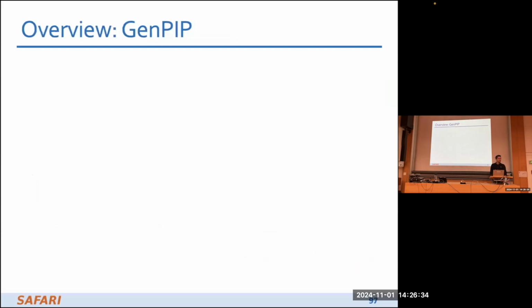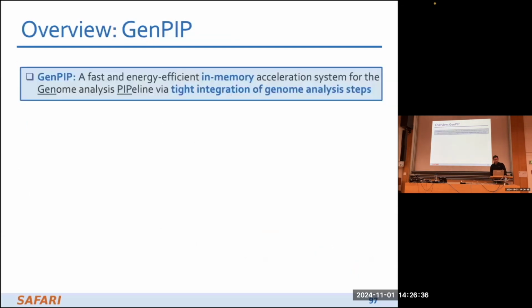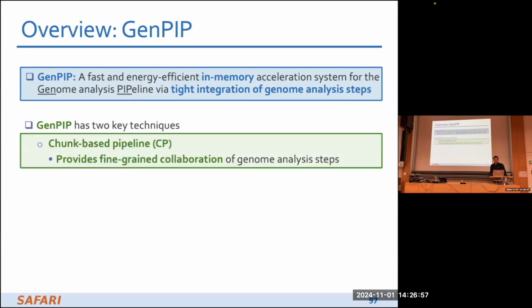This is what we aim to do in GenPIP. GenPIP is an in-memory accelerator for genome analysis that tightly integrates the base calling step and the read mapping step, and enables them to communicate with each other so that we can reduce the unnecessary computation as well as the data movement.